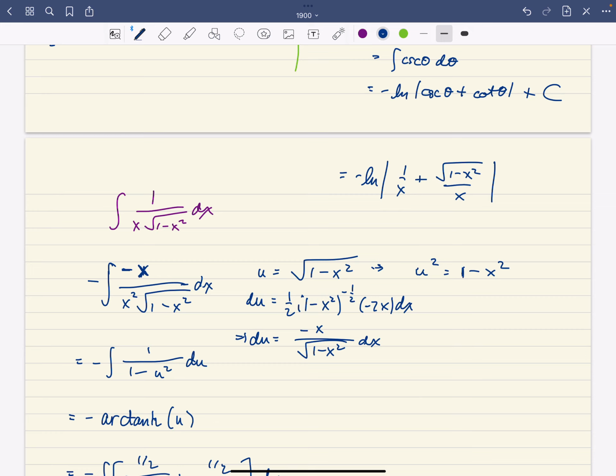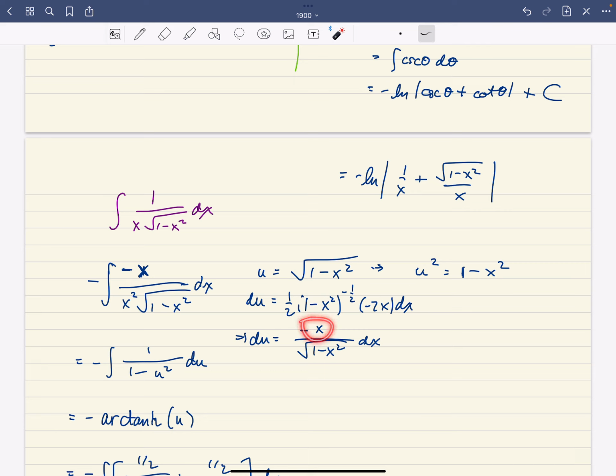So u squared is 1 minus x squared. And then we want to still do the du over here. So our du would be negative x over square root of 1 minus x squared. And so we have a 1 over x squared, and 1 over the square root of 1 minus x squared in our integrand dx.